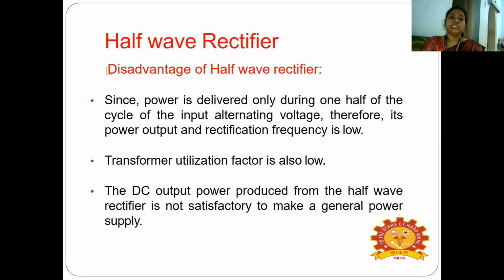Here, you're not utilizing it 100%, so the TUF becomes very low. It is less than 50%, you can see. So the DC output power produced from the half-wave rectifier is not satisfactory to make a general power supply. The DC output power produced from the half-wave rectifier is not good, because you actually need to get an original output there.